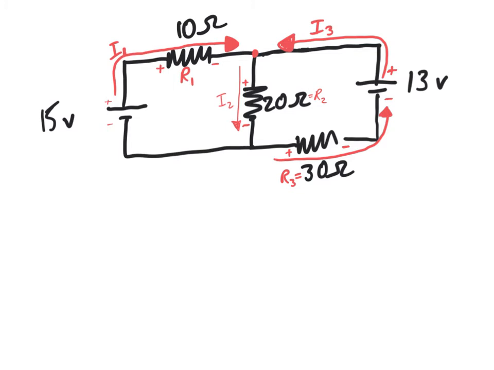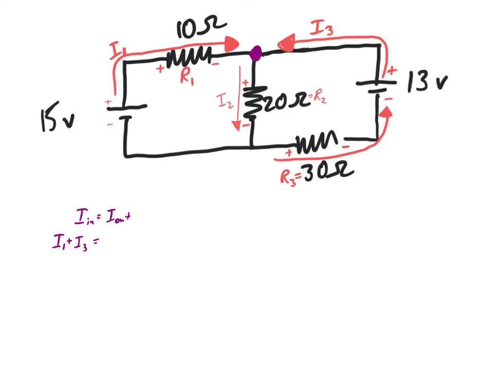Now let's set up our junction rule. Junction rule looks pretty set up for me already, because I've already got everything identified having to do with this purple dot at the top. So at that purple dot, I'll have current in is equal to current out. The current into the junction, that was I1 and I3 pointing into it.